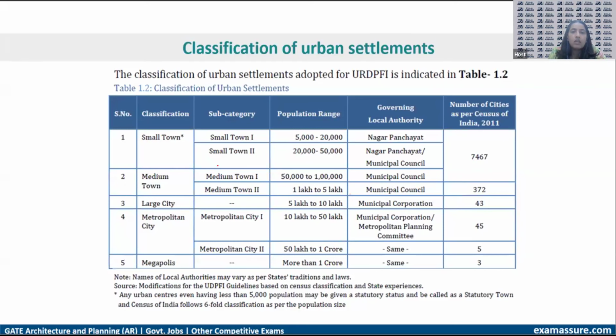Now, in the Indian context, as per the 2011 census, there have been around 53 cities. If we add up these 45, 5 and 3, there are 53 cities who have a population of more than 10 lakh, right? So those are your metro cities, metro city 1, 2 and megapolis.